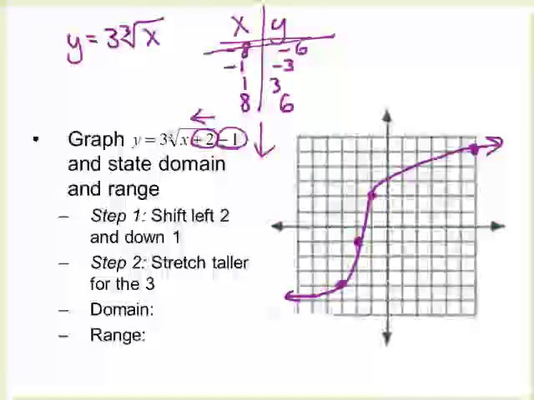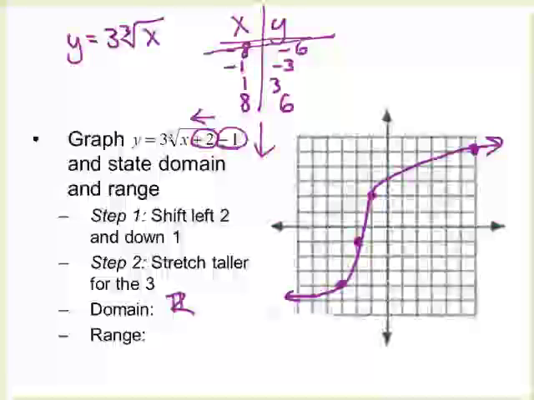Domain and range. So we put arrows on both ends here. So what do you think about domain? Those arrows point me along the entire x-axis, so it looks like we're going to get everything. What do you think about range? It is the same.